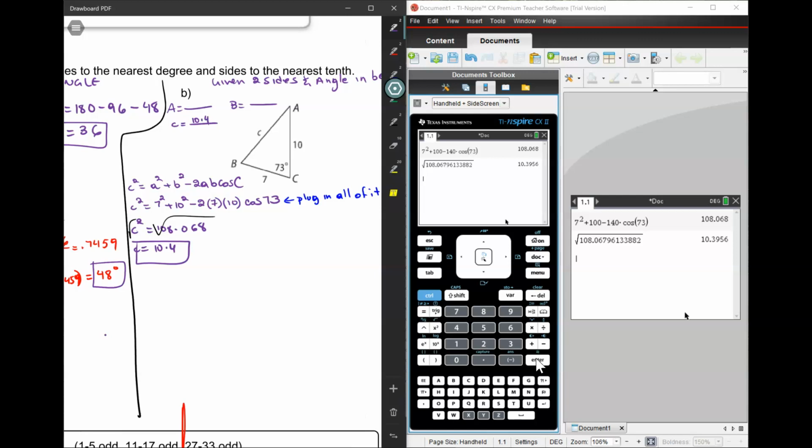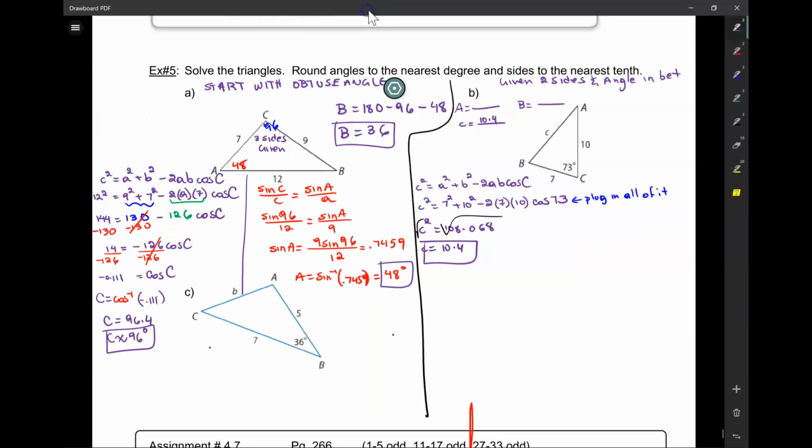Okay, now that I found C, I can use law of sines to find one of the other ones, right? Now I could do sine of C over C equal to sine of A over A. Sine of 73 over little c, 10.4, is equal to sine of A over little a, 7.